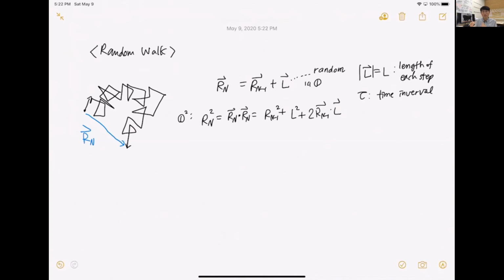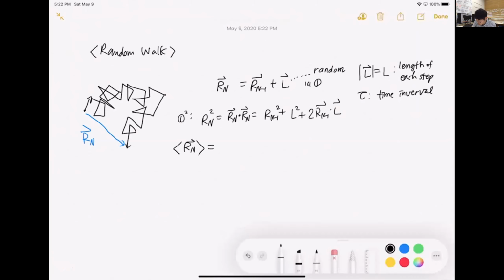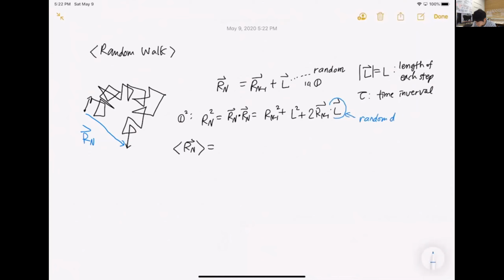Now we want to have the average, the root mean square. So the mean of this square, and I put it in brackets, which denotes the average. What's important here is the direction. This is a random direction.